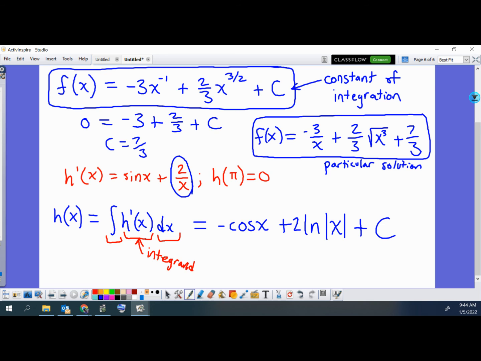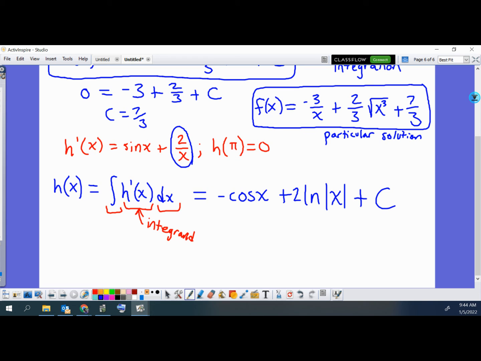And then we want to find the particular solution by plugging in pi for x and 0 for y for h. Negative cosine of pi. Cosine of pi is negative 1, right? So that'll be positive 1 plus 2 times the natural log of the absolute value of pi, 2 natural log of pi, plus c.